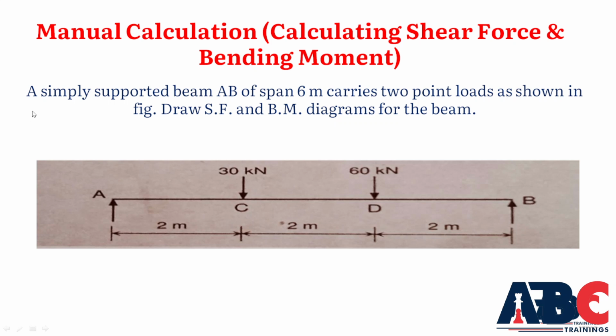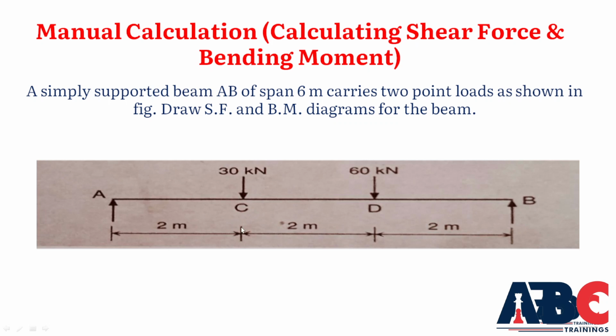Let's assume a simply supported beam AB of span 6 meters carries 2 point loads as shown in the figure, and the question is to draw the shear force and bending moment for the beam connected between the 2 points A and B. The load at point C is 30 kilonewton and at point D is 60 kilonewton. The total distance is 6 meters and the distance between the support and load is 2 meters.